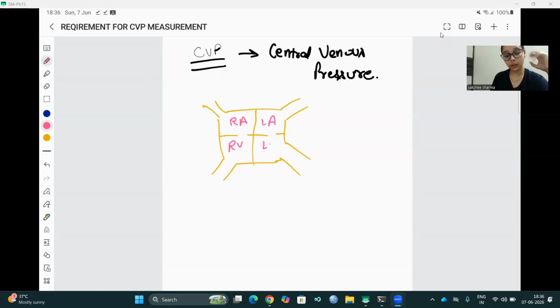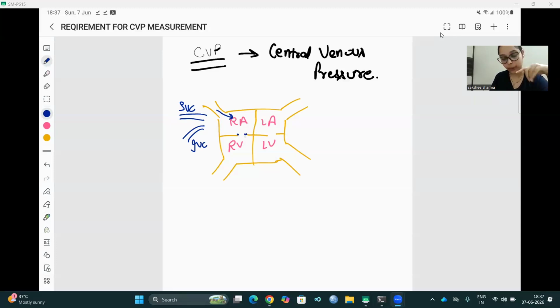If you recall the circulatory system, the superior vena cava and inferior vena cava come and draw blood to the right atrium. In between the right atrium and right ventricle we have a valve known as the tricuspid valve.